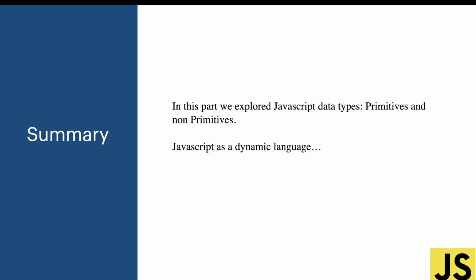We also saw that JavaScript is a dynamic language. So we can declare a variable and initialize it with a value of type number and reassign a string to the same variable. This is possible in JavaScript. We are going to see the advantage of this and also the disadvantage of this.